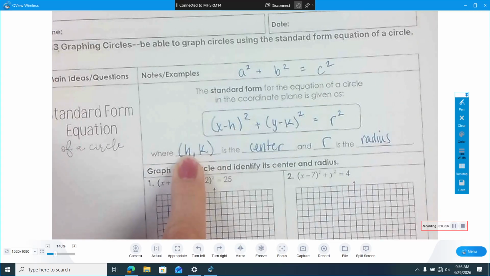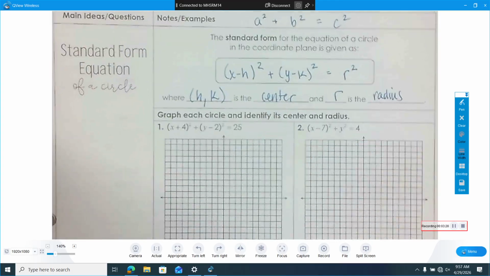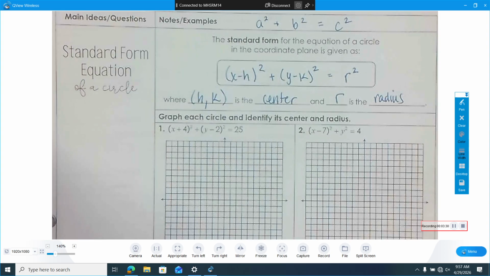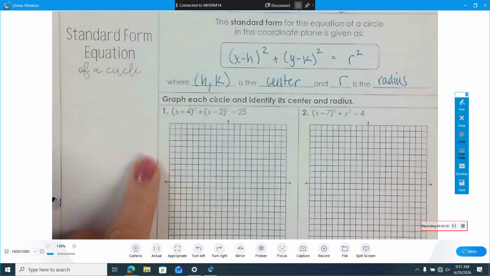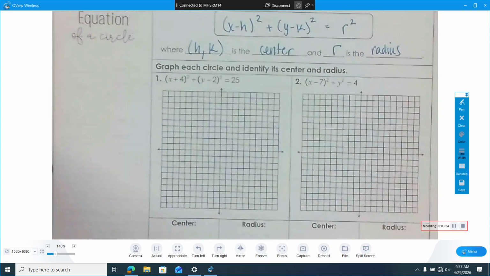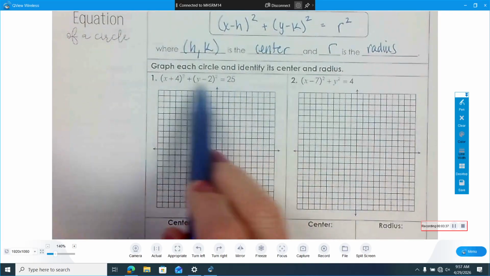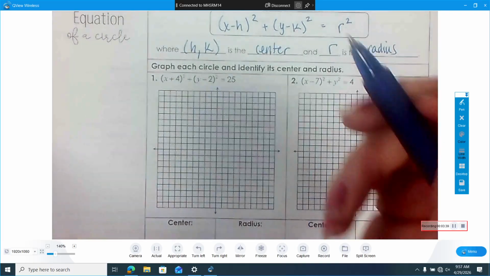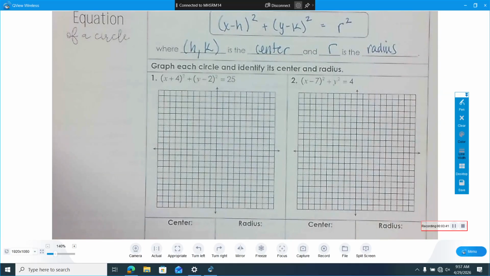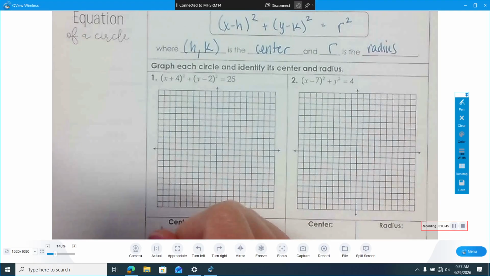When we want to graph some of these, here's a little bit of practice. On number 1, here's our standard form. I like to really call it H and K form. HK always gives us important parts of any graph that we're working with. So what is the center going to be?